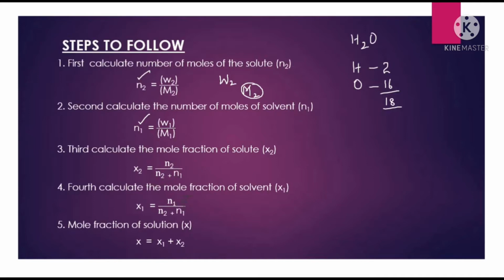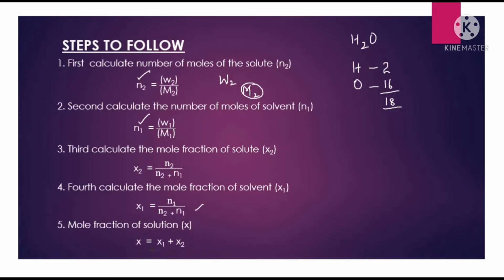Next step is you can calculate the mole fraction of the solvent. How to calculate the mole fraction of the solvent? Same methodology, but here in the numerator you should substitute the number of moles of the solvent: number of moles of the solvent divided by the sum of number of moles of solute and number of moles of the solvent. And the next one you should know. This X is the mole fraction of the solution.